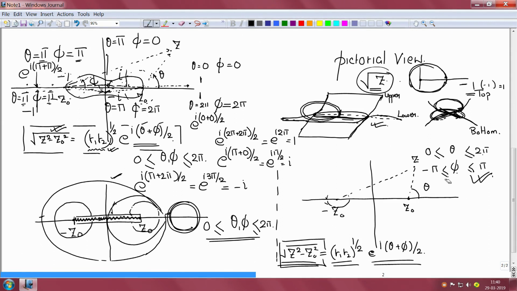how the function behaves. Again, I mention (r1 r2)^(1/2) is just a magnitude, so it does not bother us. So, let us see what theta is over here. Theta just above the x axis is 0, and phi is also 0 just above the x axis.